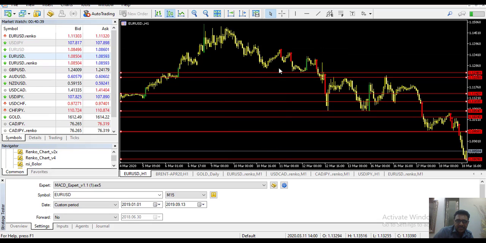So when this point breaks up, why didn't I take this one? I didn't take this one. I took this one. Also remember one more point. It qualifies as a higher low, lower high, when two consecutive big candles are made on the way up.